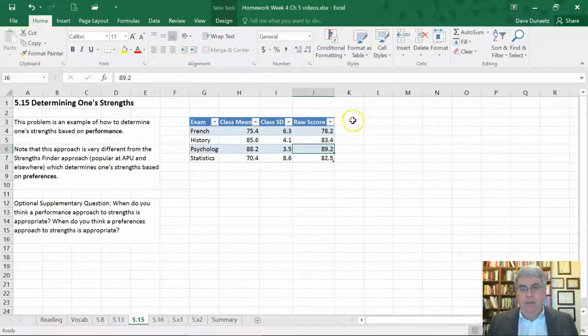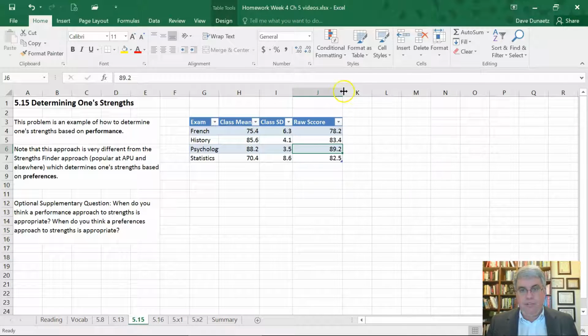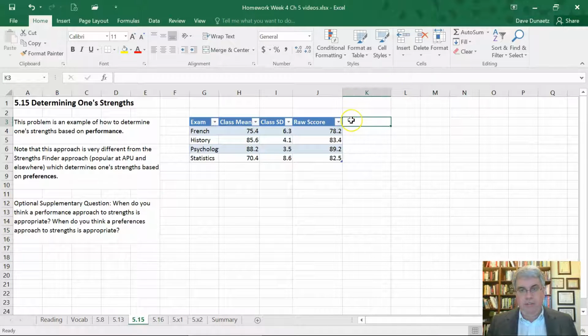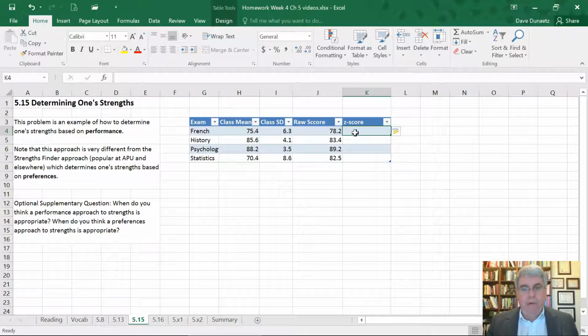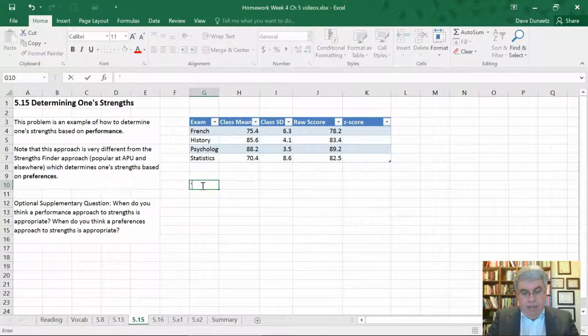Now, what we want to do is convert this to a z-score. Let's make this column a z-score. And what we want to do is use our formula. I'll put our formula down here.